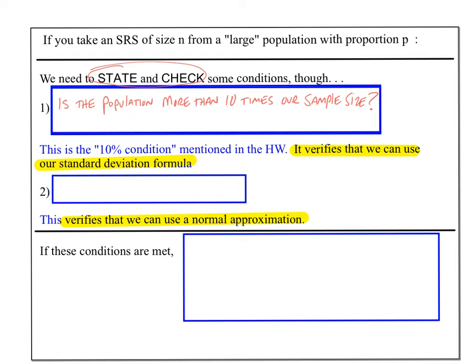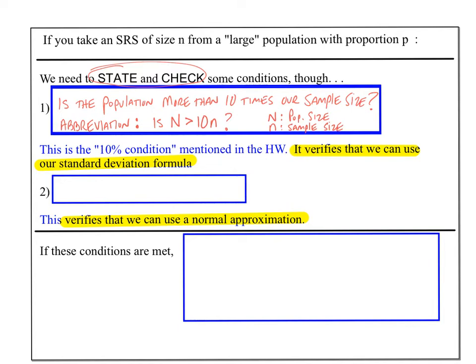Now, we can abbreviate that, and here's what it would look like. Is our population, which is capital N, more than 10 times our sample size, which is little n? Okay, so again, capital N is our population size, and little n is our sample size. We have to be very careful of our symbols.